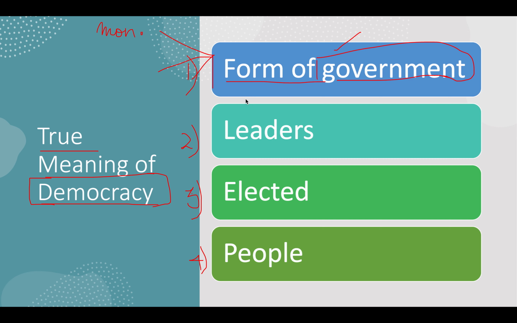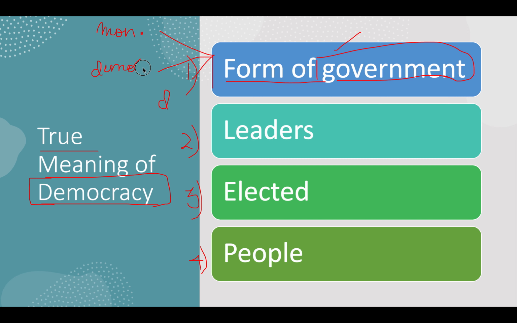So there could be different forms of governing a particular place, a particular country. The number one is monarchy, the second one is democracy, and the third one is dictatorship. There are various other forms as well, but we only have to understand these three: monarchy, democracy, and dictatorship.